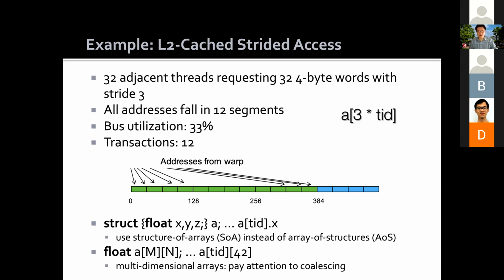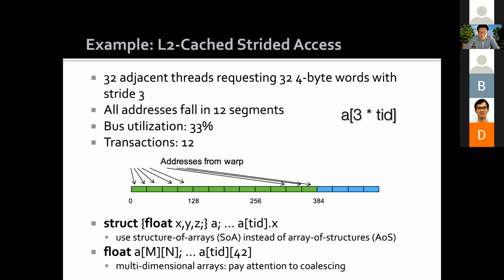So you assign 3 elements to one thread. That means the bus utilization would be only 1/3, 33%. For example, in this case, you will have 12 transactions, but only 4 transactions, or maybe 128 bytes, are really used in the memory access, okay?